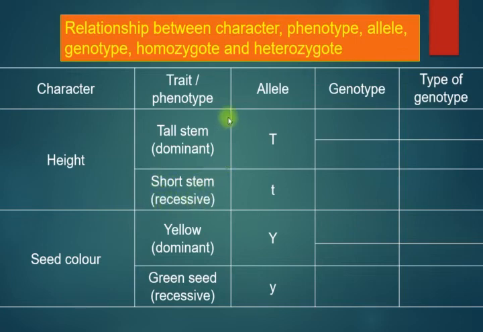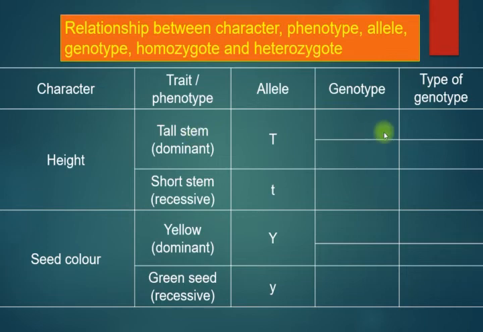The tall stem is represented by the big T, a dominant allele, while the recessive allele is represented by the small t. Then you have to fill up the genotype for the tall stem.